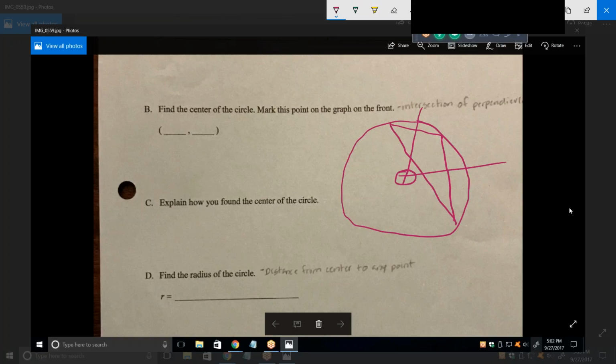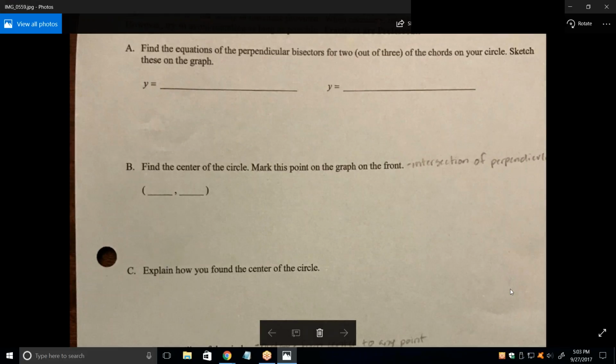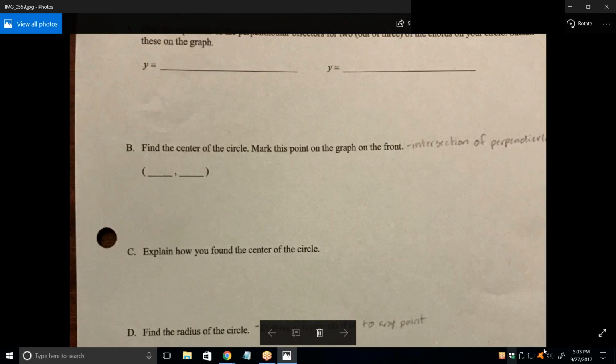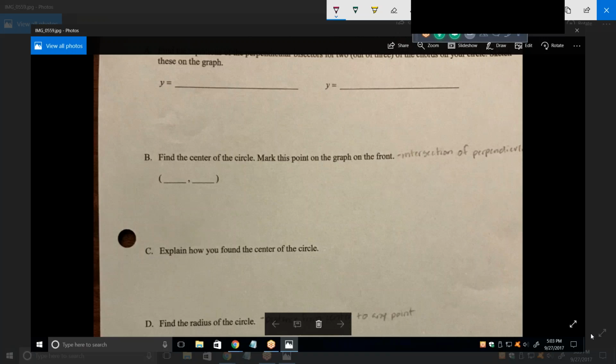So, that's the theory. You're going to have to give me those equations again. We did the 2 chords that were closest to the diameter, but it doesn't really matter as long as you have two out of 3.